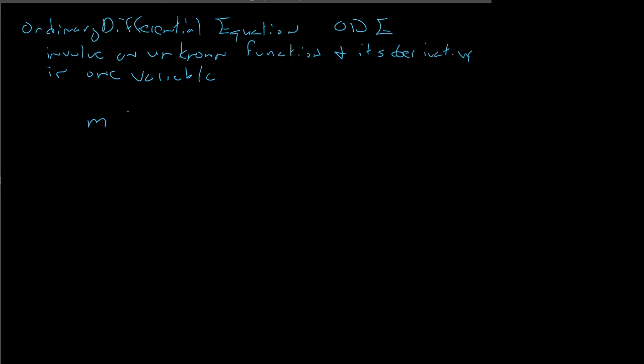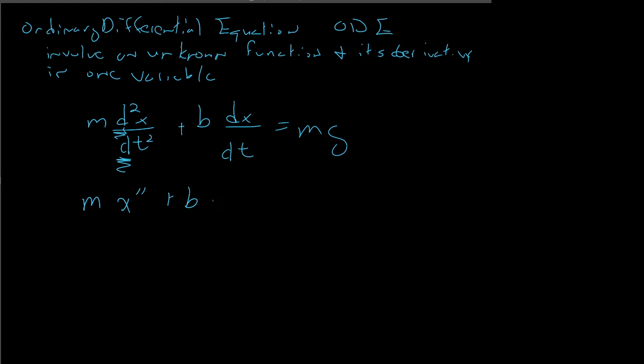A common ordinary differential equation we'll see is like this. I guess we could write this as x double prime plus b x prime. And what other notation can we use? These are all the same thing with different derivative notation across.